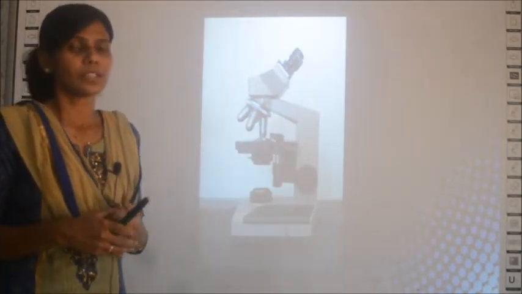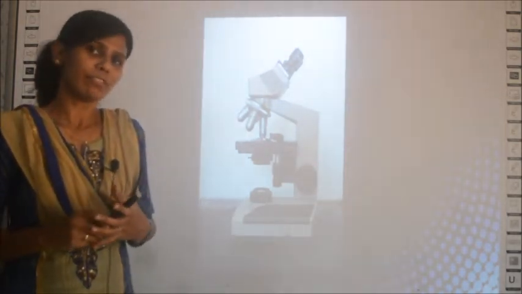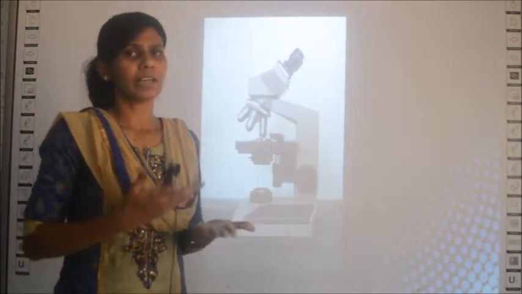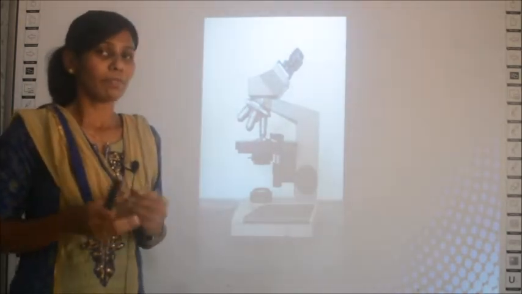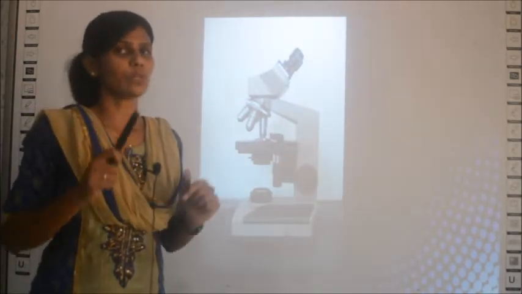Generally, with the naked eye, can you see every cell in an onion? No, right? You can just see a white sheet of paper. But when you put it under the microscope and stain it, you can see individual cells.